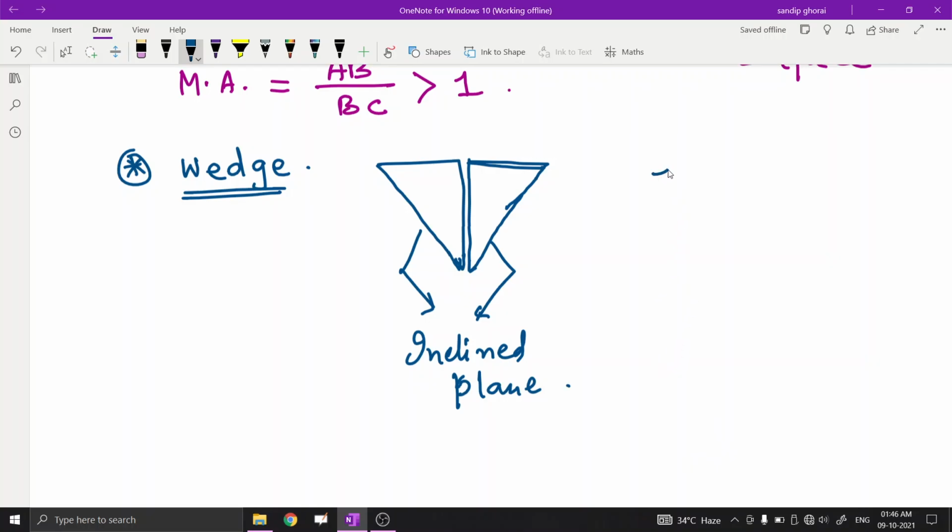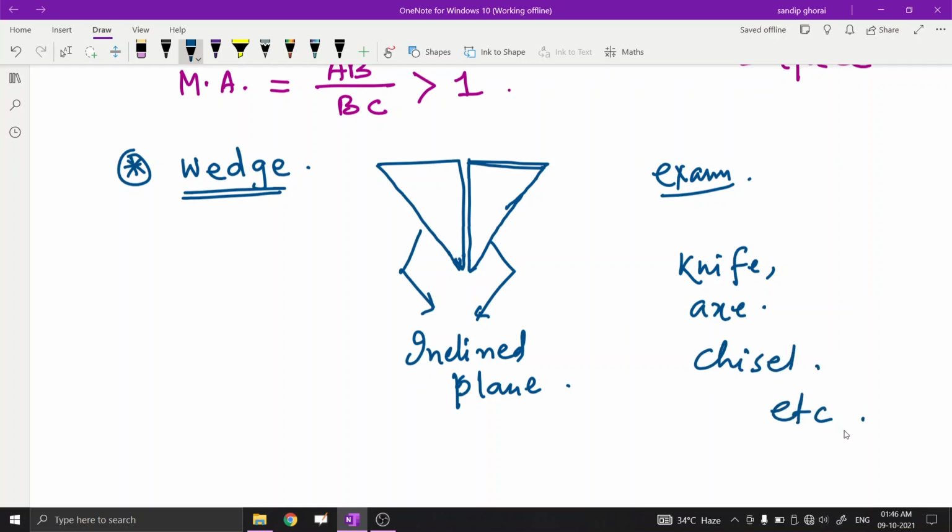So the examples of wedge are knife, axe, chisel, etc.